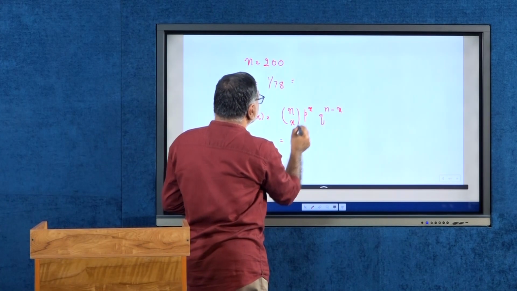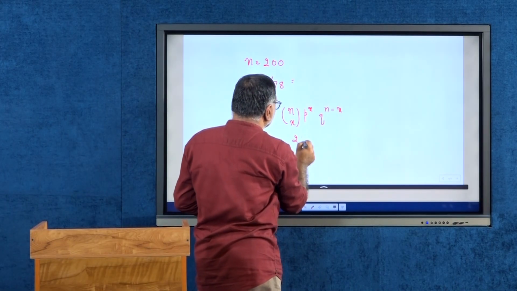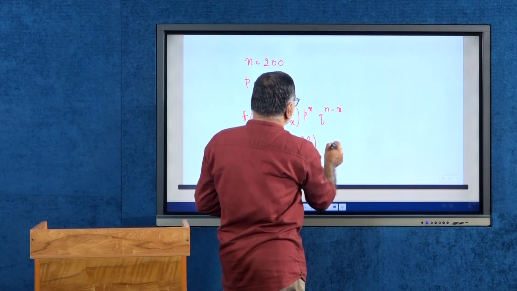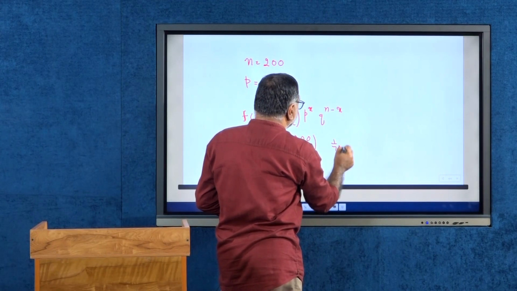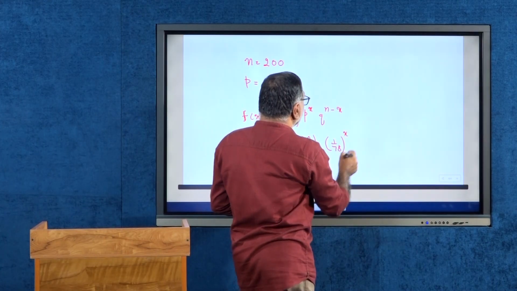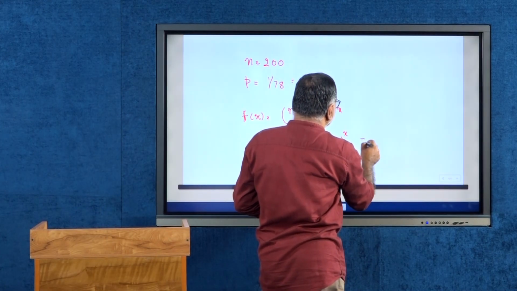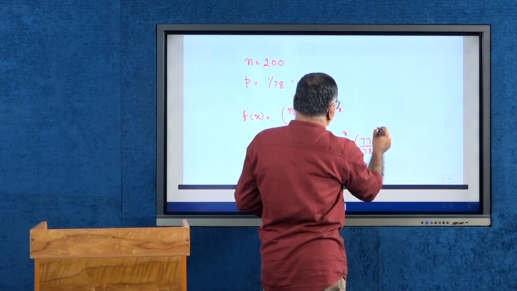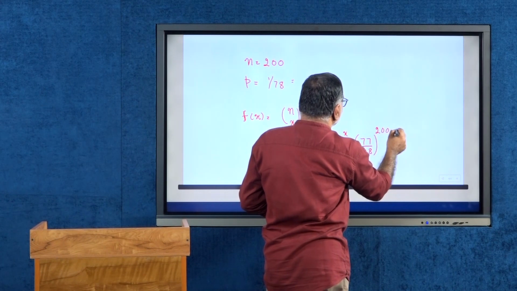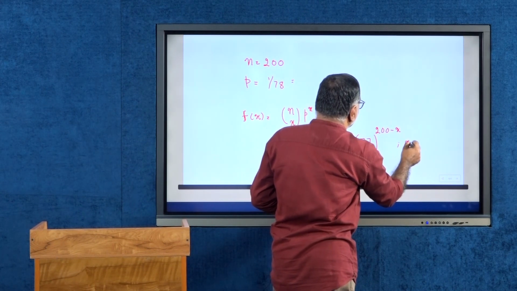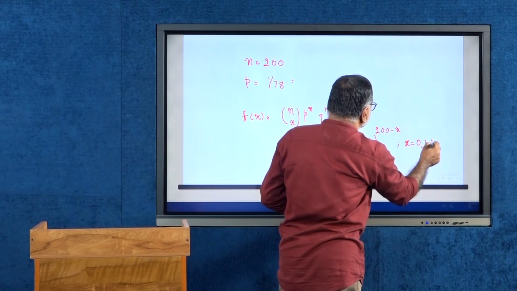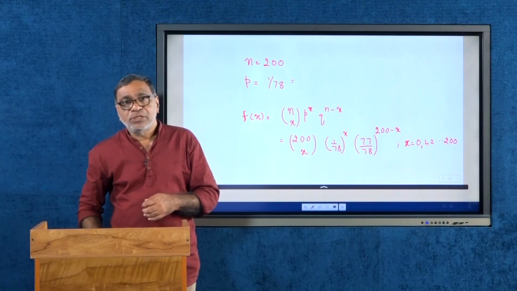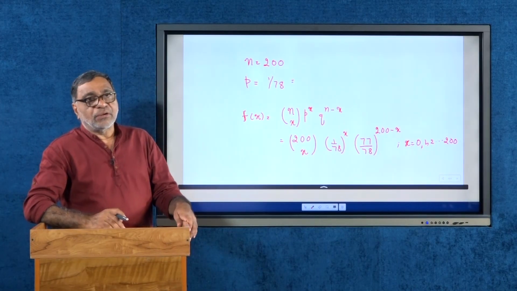Here n is 200: 200Cx (1/78)^x (77/78)^(200-x), where x takes any value from 0, 1, 2 up to 200. So this is the probability distribution function of that random variable.